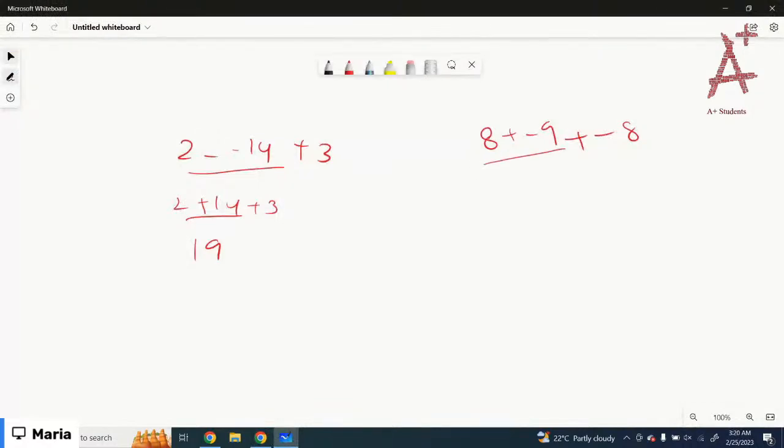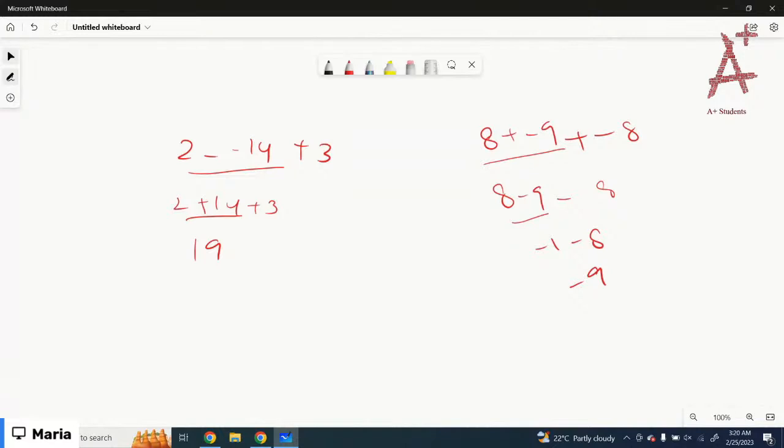So 8 plus negative 9: adding a negative integer is the same as subtracting, so it would be 8 minus 9. 8 minus 9 is negative 1, and negative 1 and negative 8, you have to add them and put the negative sign, so it would be minus 9.